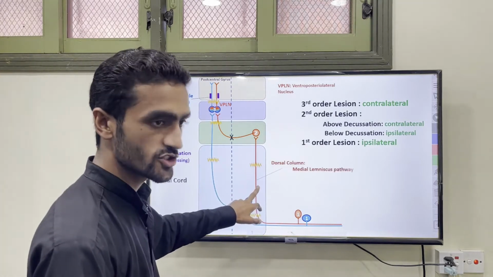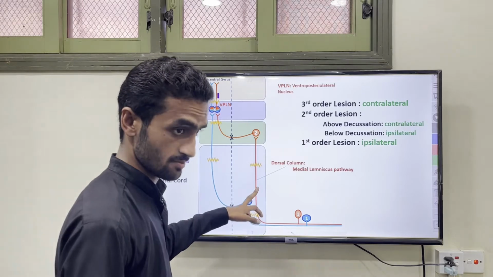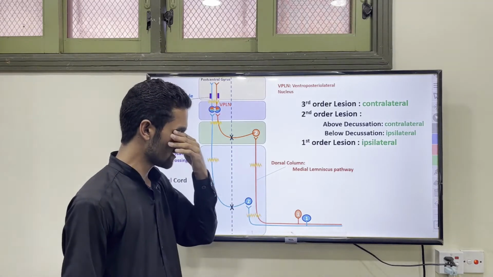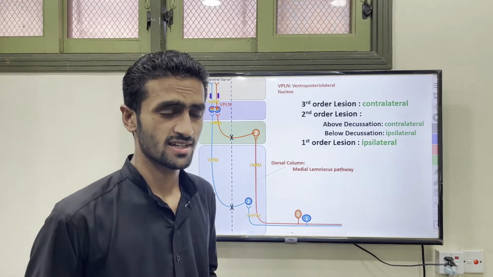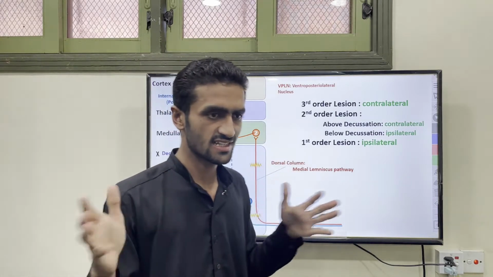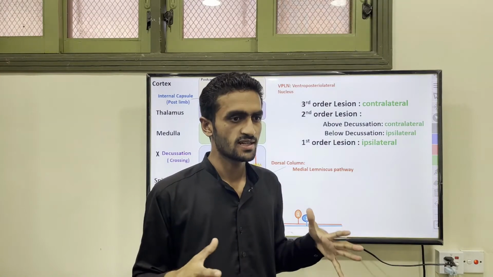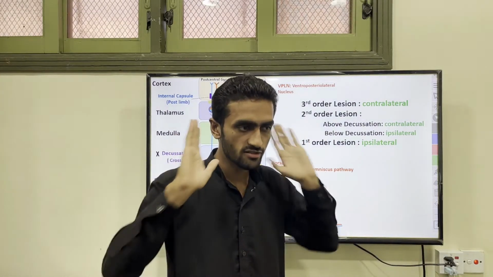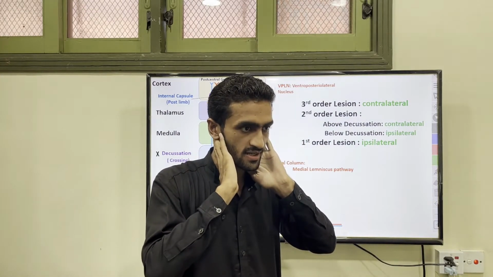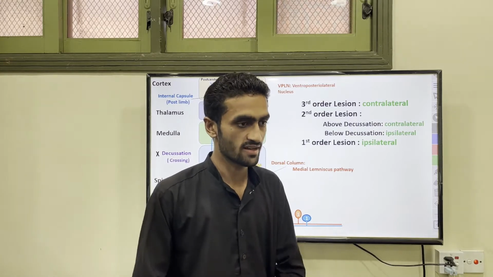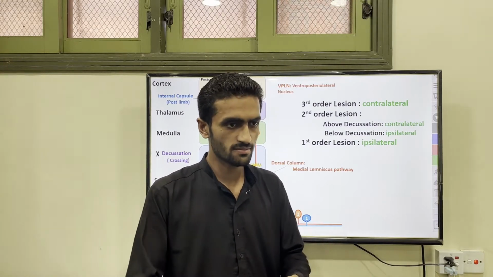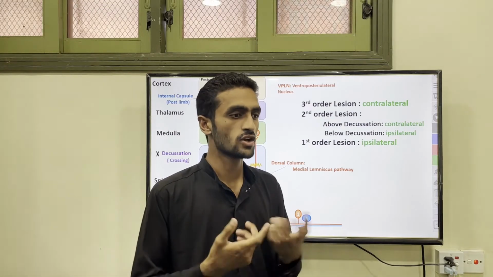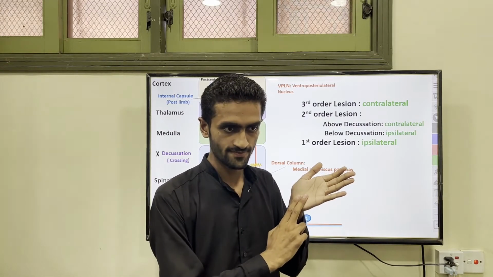So this is actually your dorsal column medial lemniscus pathway. Why do we call it the medial lemniscus? First, the dorsal column: what is its function? It consists of the fasciculus gracilis and fasciculus cuneatus. Its main function is associated with proprioception, or your sense of the inner body, joint position, vibration, repeated pressure sensation, and tactile discrimination.